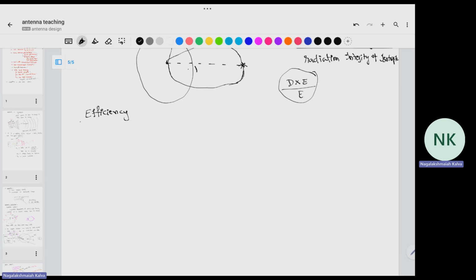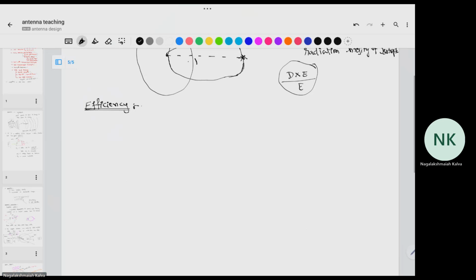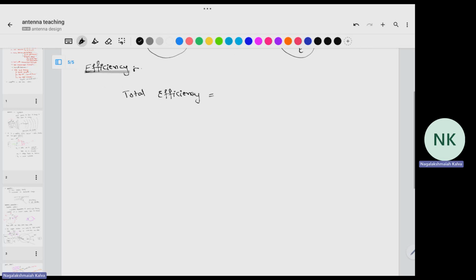So efficiency is nothing but how effectively you are converting one form of energy into another. Here we define total efficiency, which equals conductive and dielectric efficiency multiplied by matching efficiency.